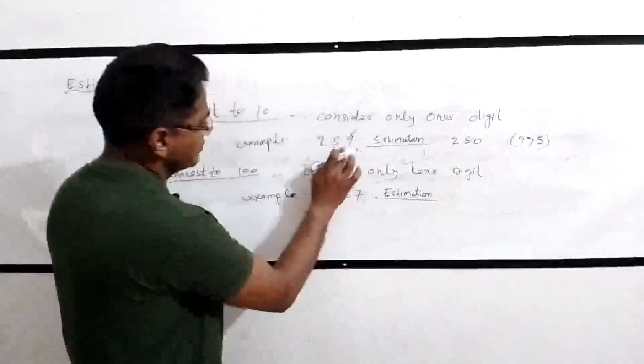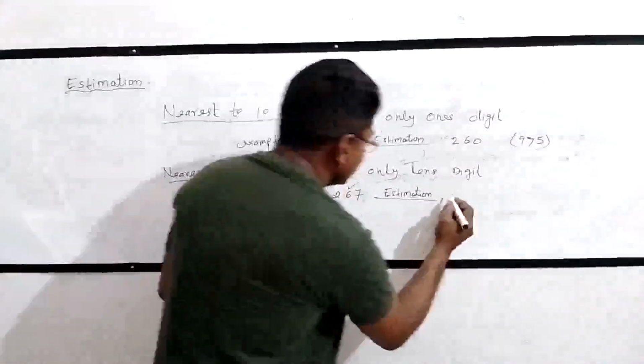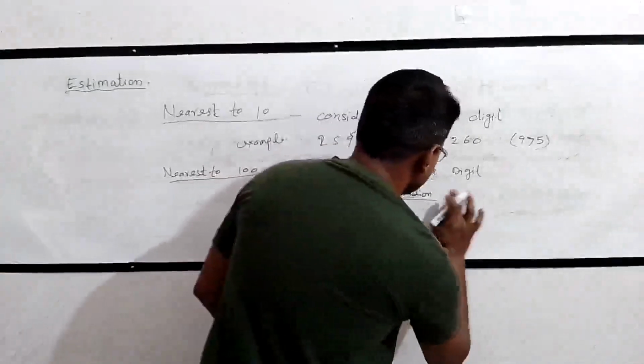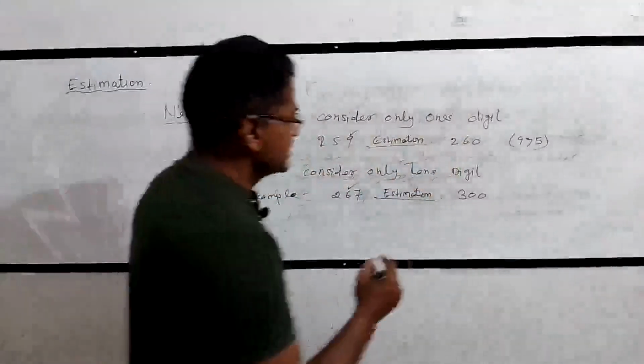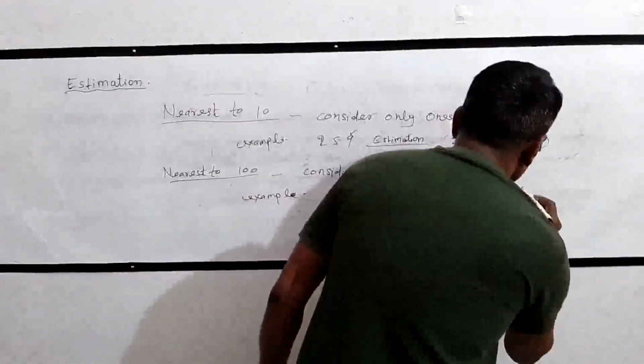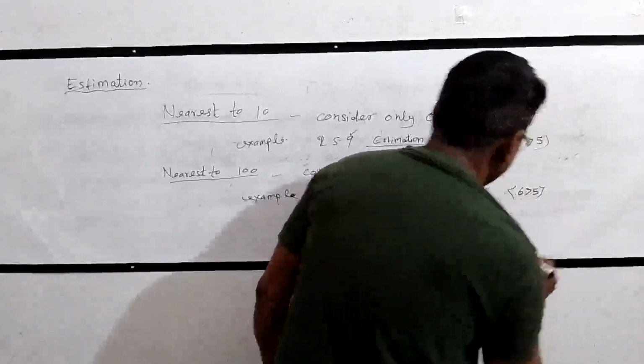So you will get 300, because 6 is greater than 5. Understood?